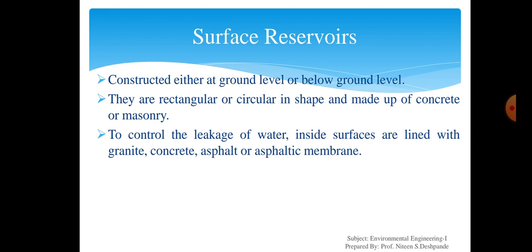To control the leakage of water through the reservoirs, their inside surfaces are lined with granite, concrete or asphaltic membrane. So to avoid the leakages, they are lined inside with some membrane or granite material or concrete material. The lining is there. So these are the surface reservoirs which are constructed on the ground level itself, or it may be below the ground level.